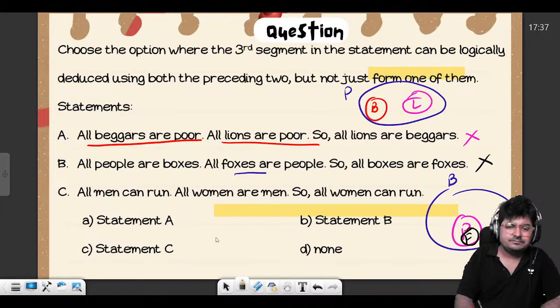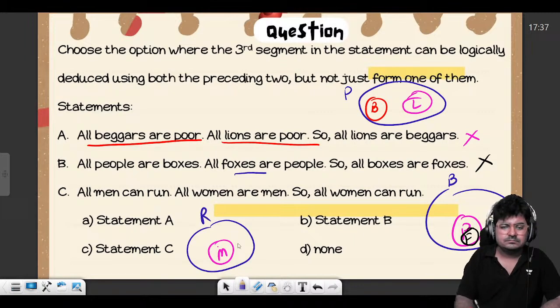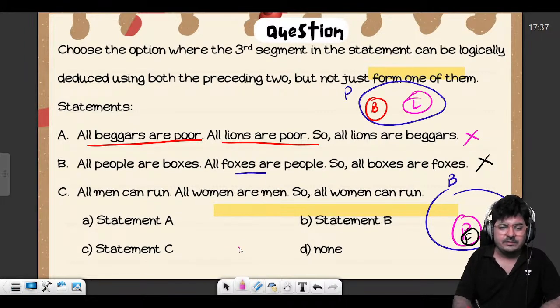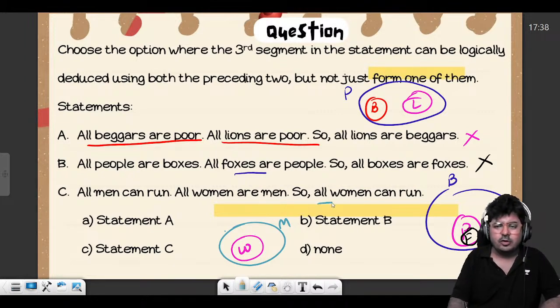All men can run. All women are men. Okay, so all women can run.